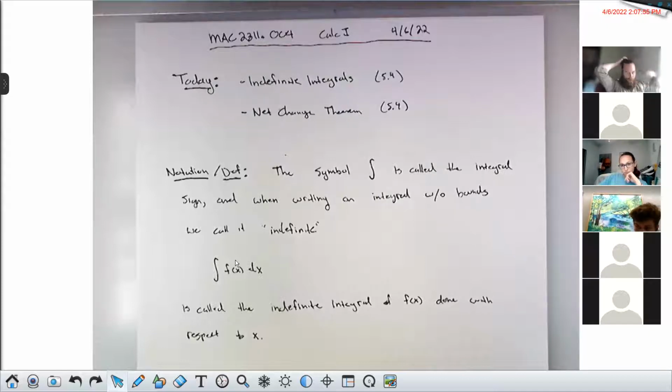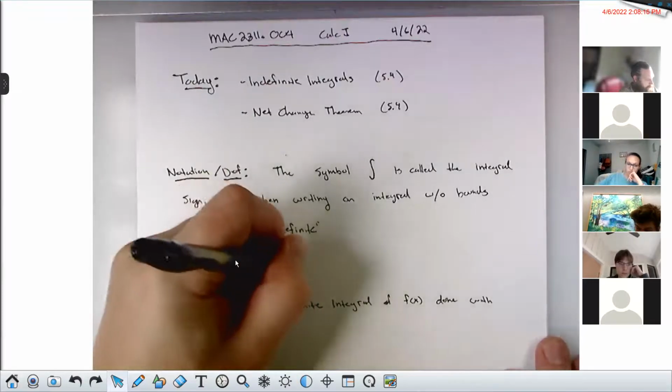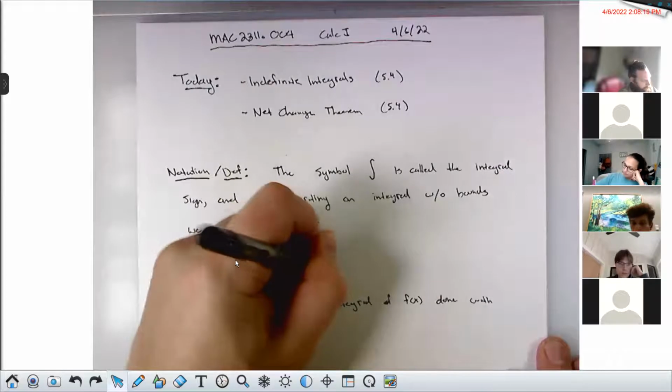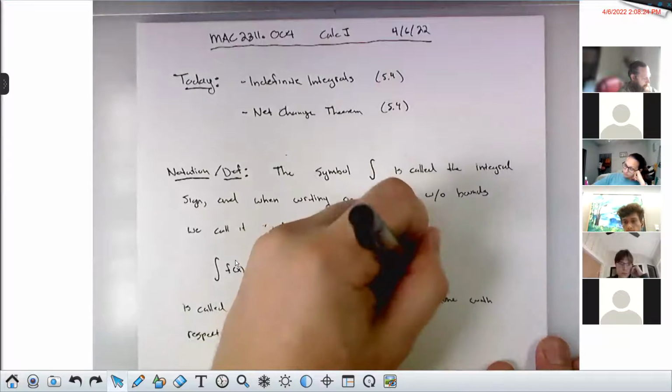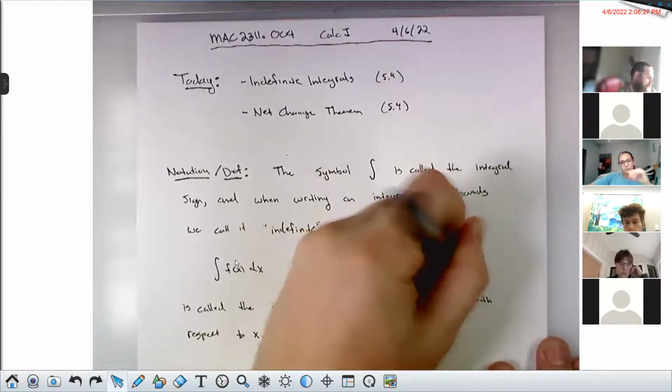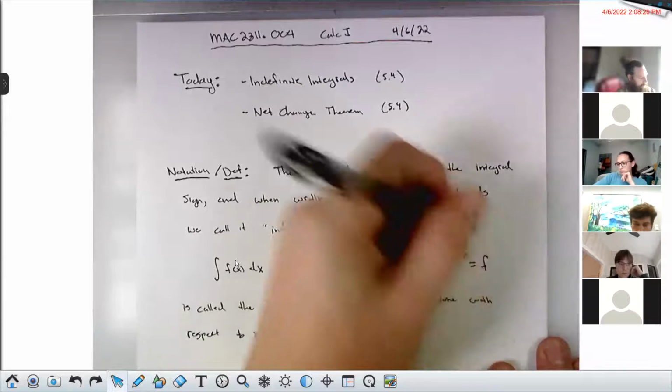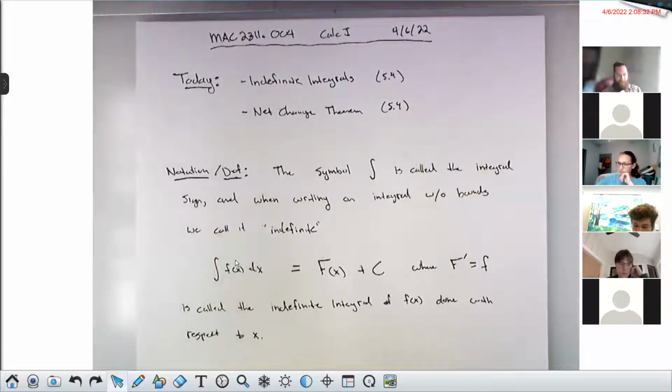This is all well and good, but it doesn't really tell you what the thing is or how to compute it. But we did mention this the other day. This is just the notation that's used to describe the most general antiderivative of little f. Oof, sorry. So this would be equal to capital F of x plus c, where big F prime is little f.